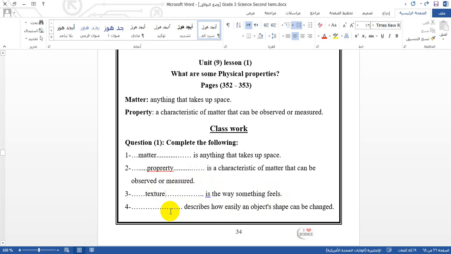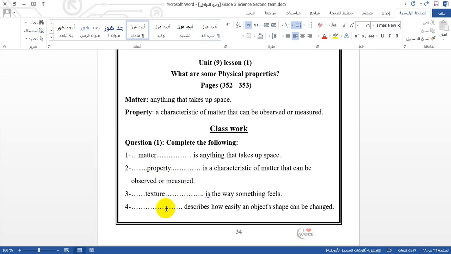By the way, this one is incorrect. Let me correct it. Sorry, because I'm in a hurry. Sorry for the mistake here. Describe how easily an object's shape can be changed.